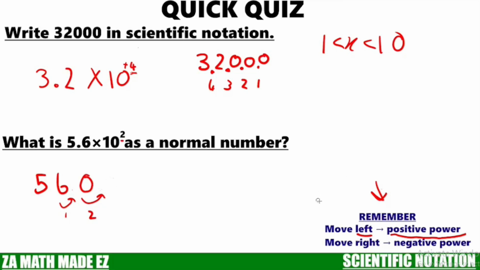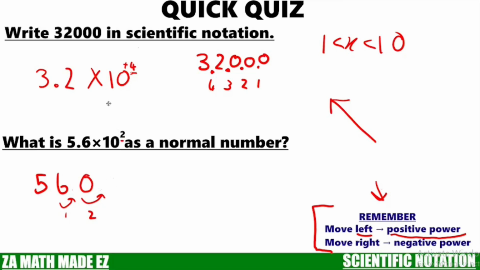Also remember, these rules are only for when you convert a normal number into scientific notation, like over here. They are the other way around when you want to convert a number from scientific notation into a normal number.